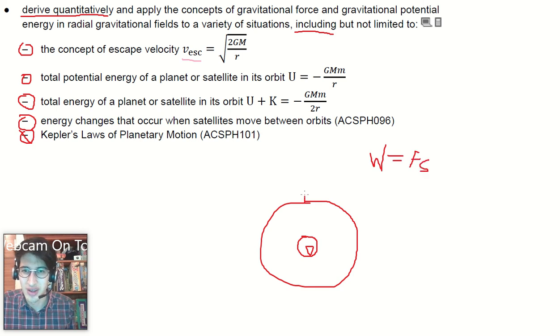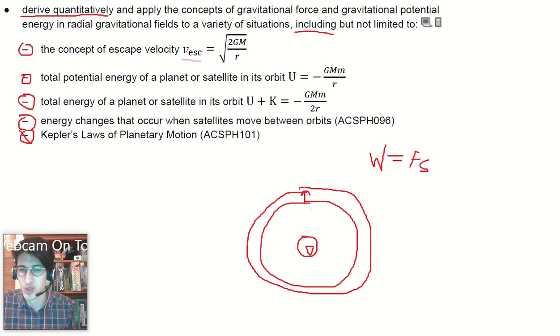If some work is done, that can raise your orbit, increasing the total amount of energy that you have as you move between those orbits. Or the opposite could happen. As you're orbiting, you might collide with some air molecules that might slow you down. You might fall into a lower orbit once you've lost that energy as well.